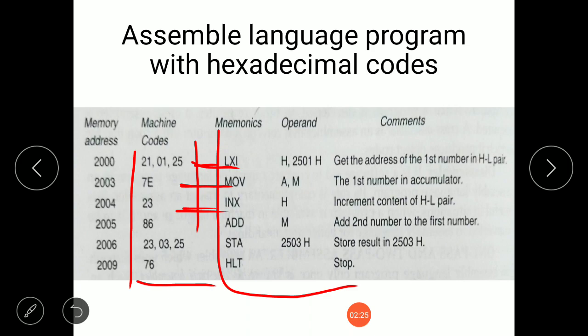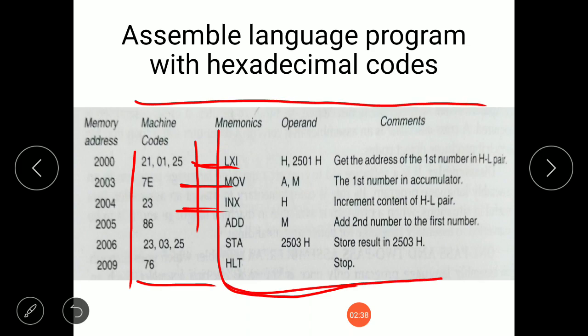The program for addition of two numbers in assembly language with hexadecimal codes is shown in this slide. So this is the assembly language program and this is the conversion of each mnemonic of the assembly language program into machine codes using the hexadecimal system.